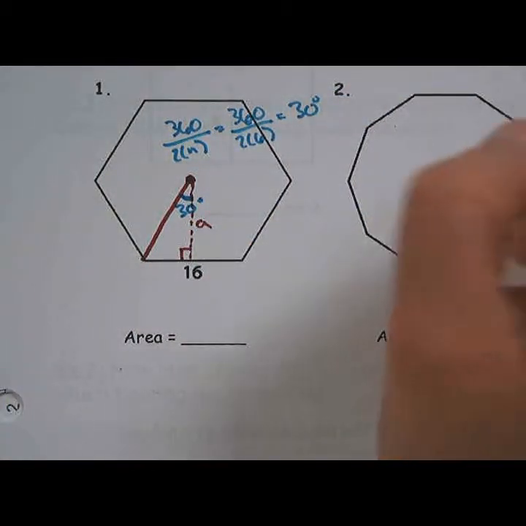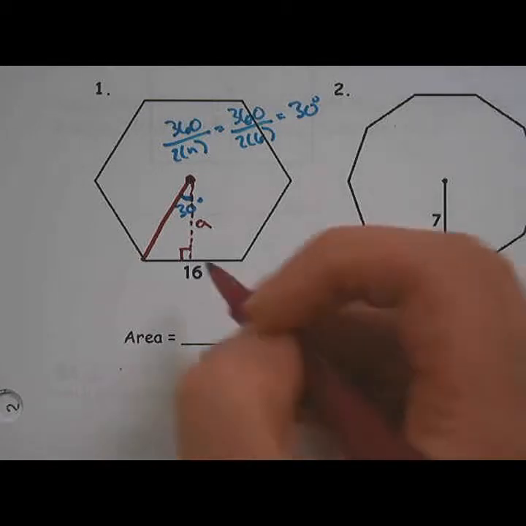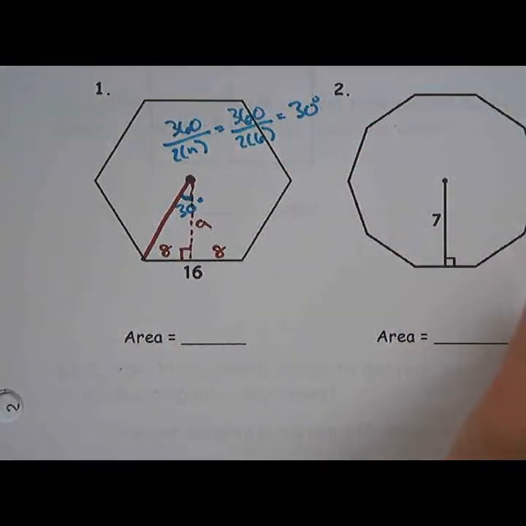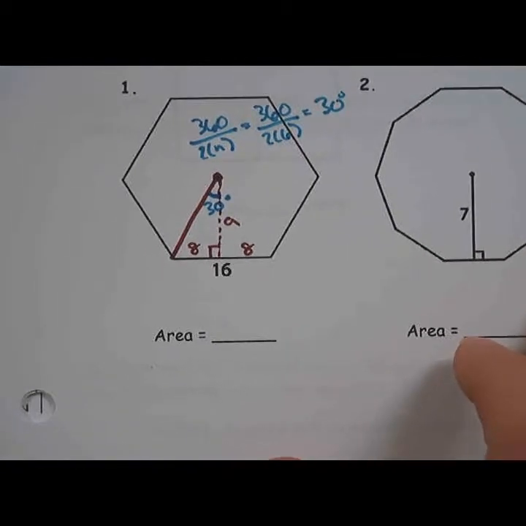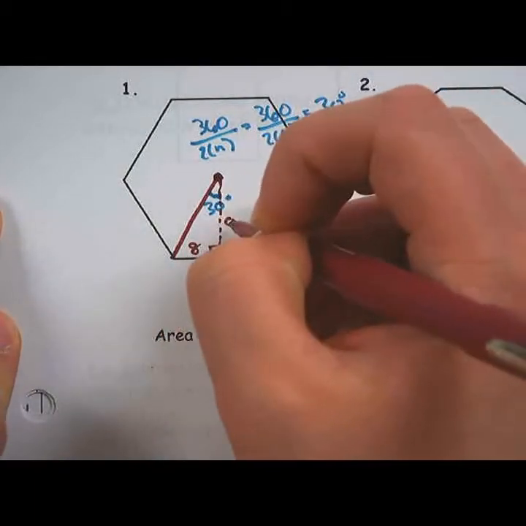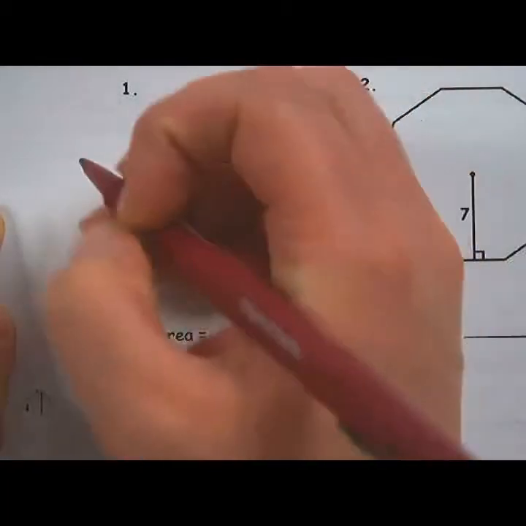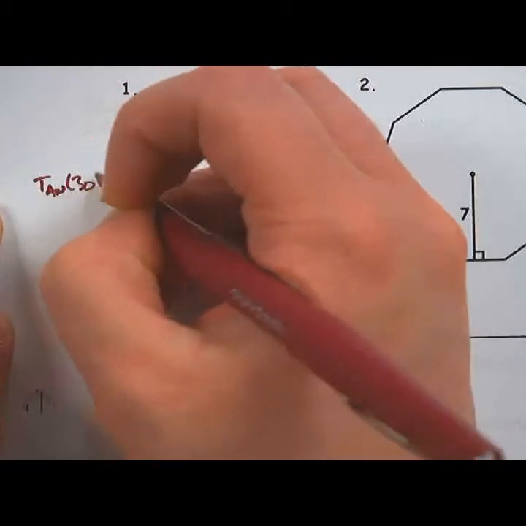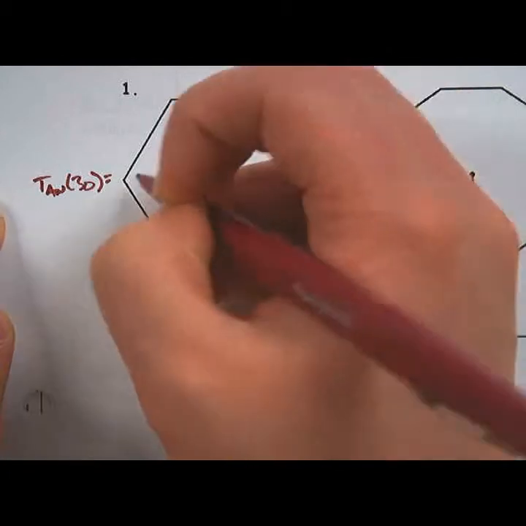The second thing I need to notice is that since this whole side is 16, each half is 8. So the equation that I can set up to find the apothem is, all right, this is my opposite, this is my adjacent to this angle. So tangent of 30 equals 8 over a.